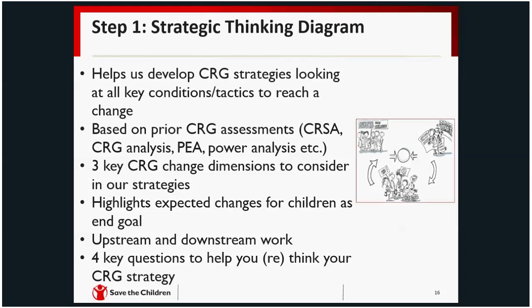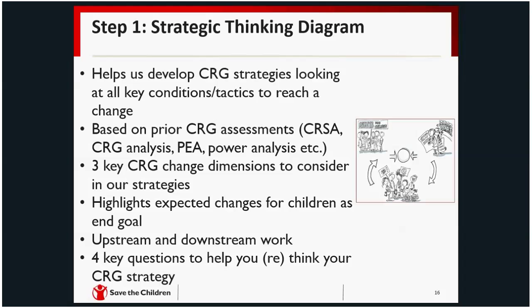And there are 3 key child rights governance change dimensions that you need to consider in your strategies, which I reflected on earlier. So demanding child rights, negotiation, space for negotiation for that, and responding to child rights. And the expected changes for children is the end goal. And what you do is you look at these 2 arrows.